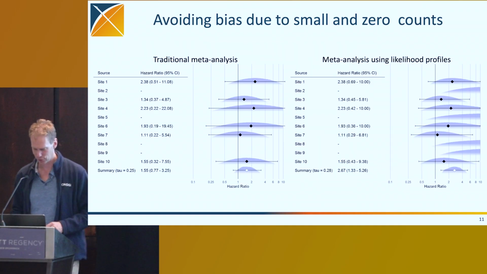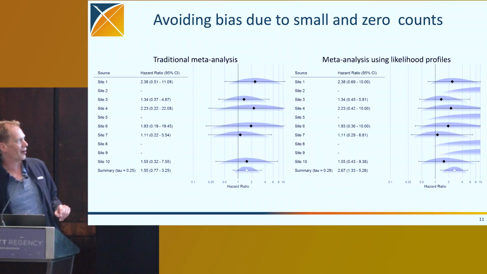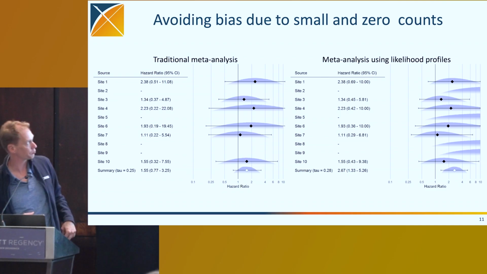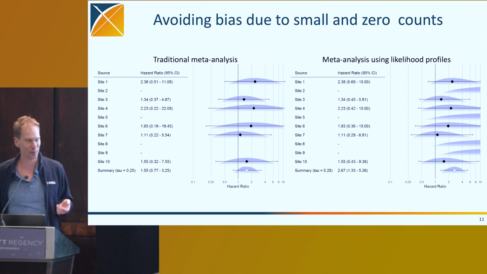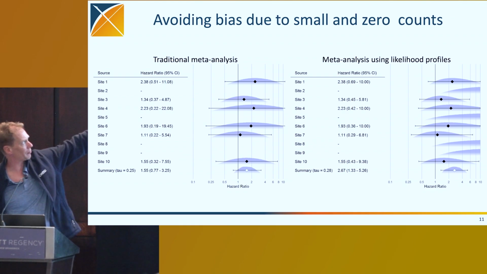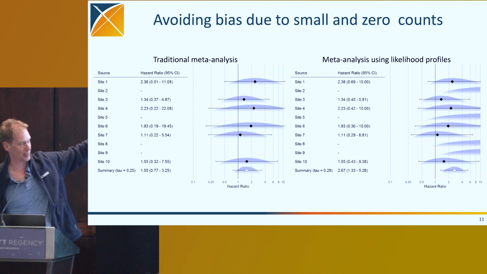And just to illustrate this, and then I'll move on. Here you see on the left, if you were to use a traditional meta-analysis technique, like the vanilla ones you know maybe in the meta R package, where some of the sites have 0 counts, so they drop out.